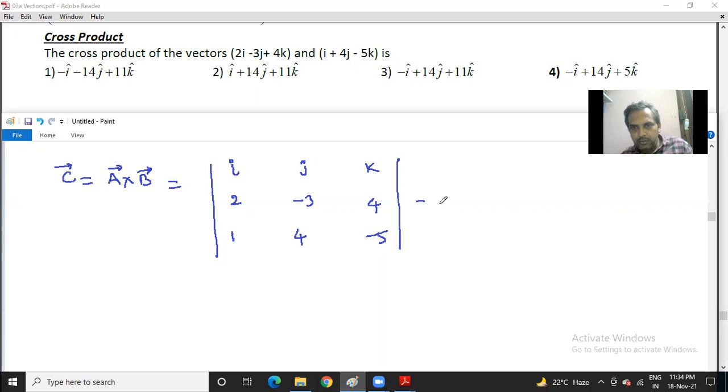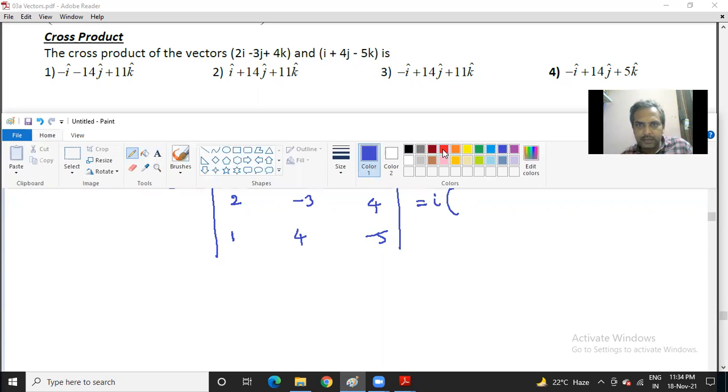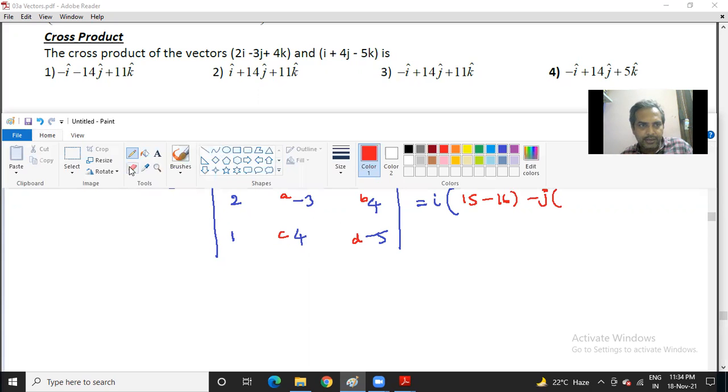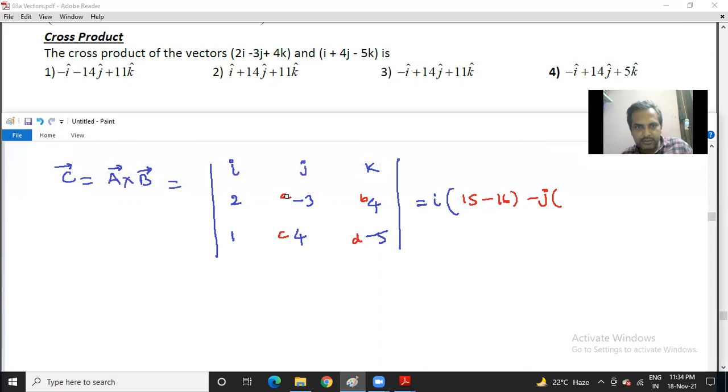Now i into, treat this as A, B, C, D. AD is 15 minus BC 16. Then minus j into.